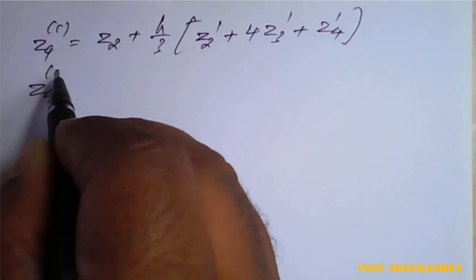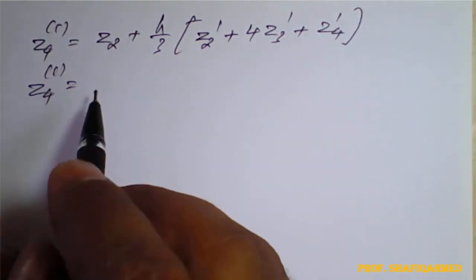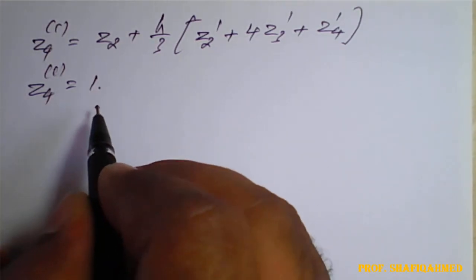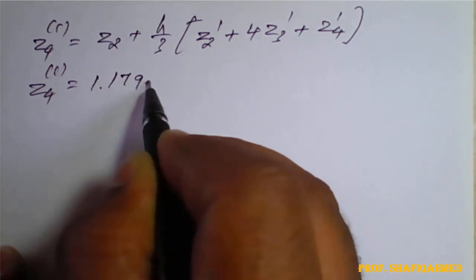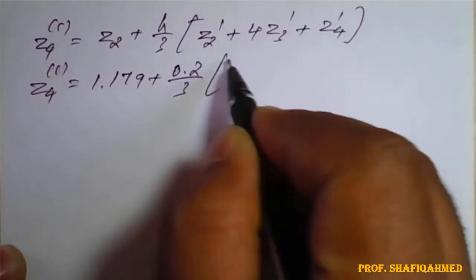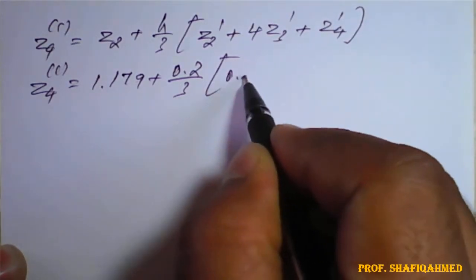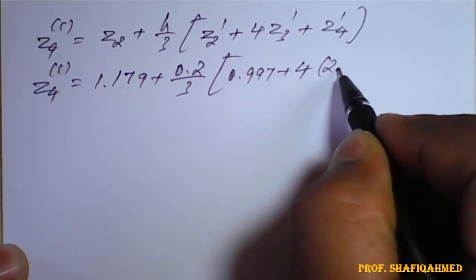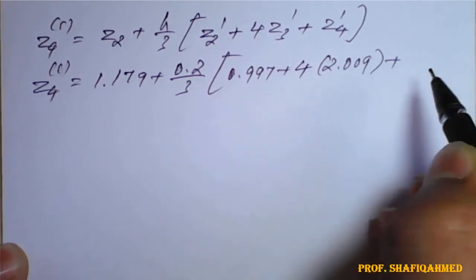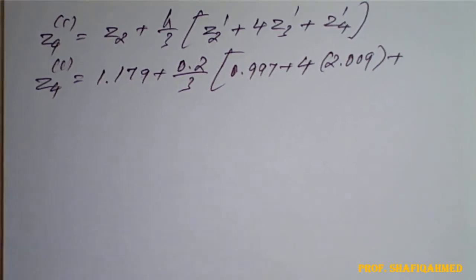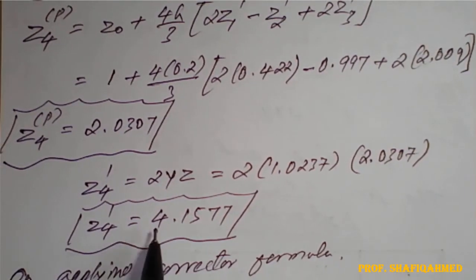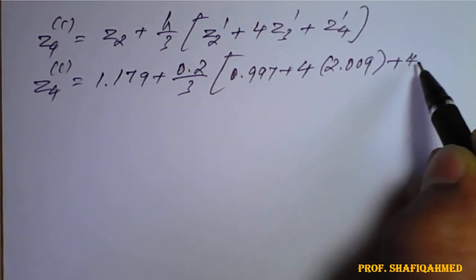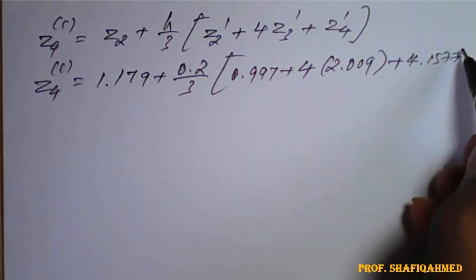So on substituting, z2 from the table is 1.179 plus h is 0.2 divided by 3, z2 dash it is 0.997 plus 4 times z3 dash from the table 2.009 plus z4 dash, which we have calculated just now, 4.1577.